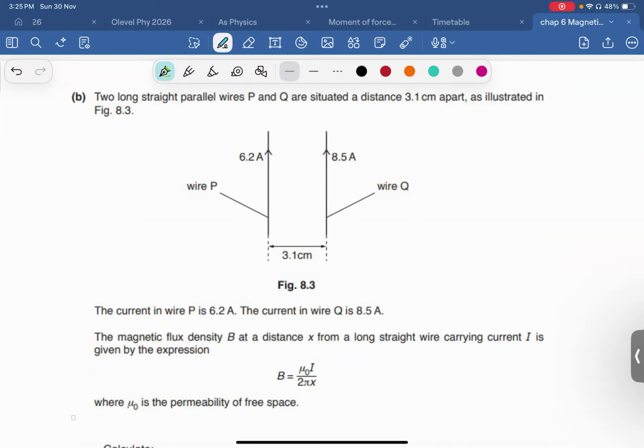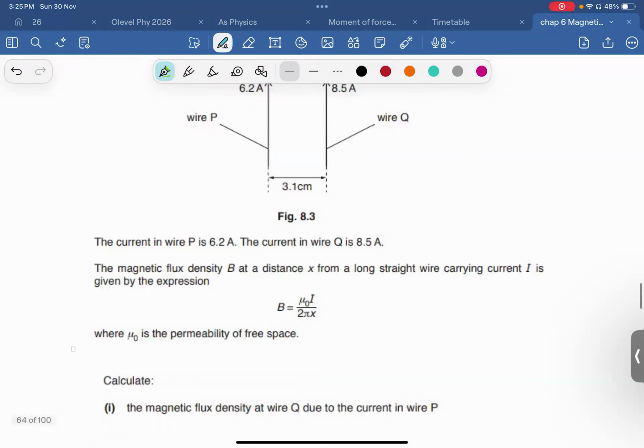Two long straight parallel wires P and Q are situated at a distance 3.1 cm apart, as illustrated in Figure 8.3. The current in wire P is 6.2, the current in wire Q is 8.5. The magnetic flux density B at a distance x from a long straight wire carrying current I is given by the expression where mu naught is the permeability of free space.